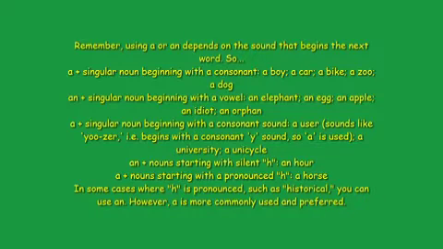A plus nouns starting with a pronounced H, like a horse. In some cases where H is pronounced, such as historical, you can use an. However, a is more commonly used and preferred.